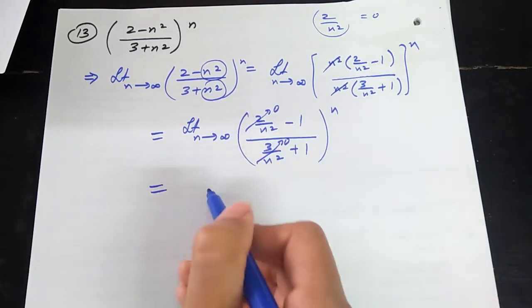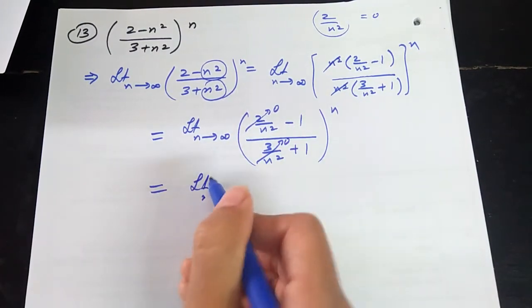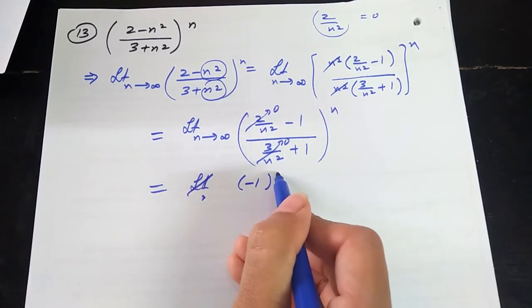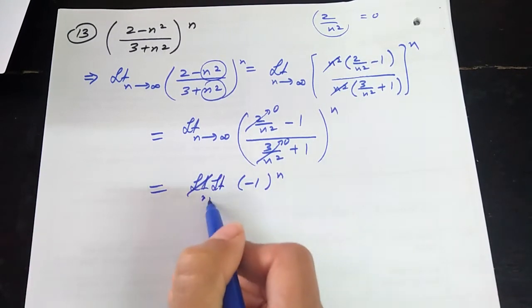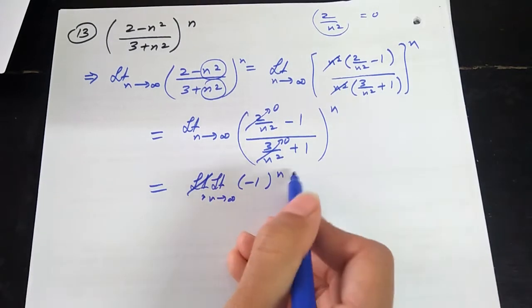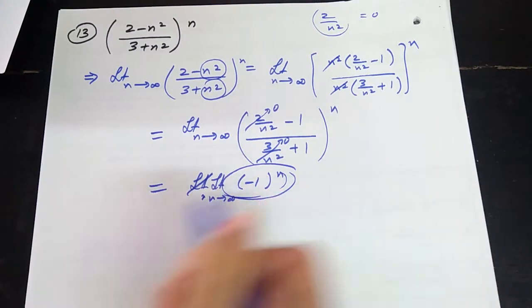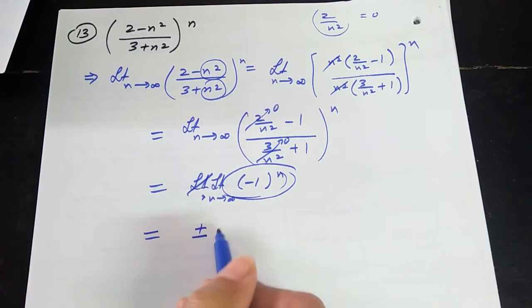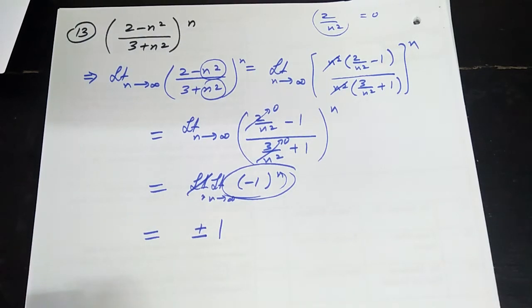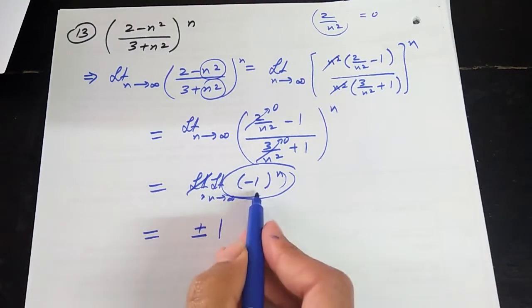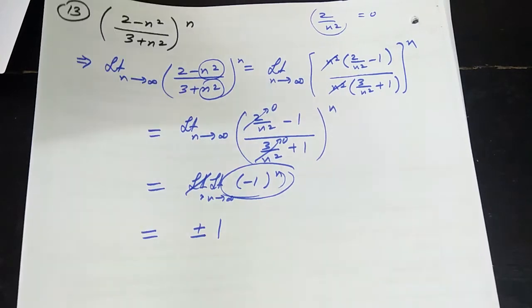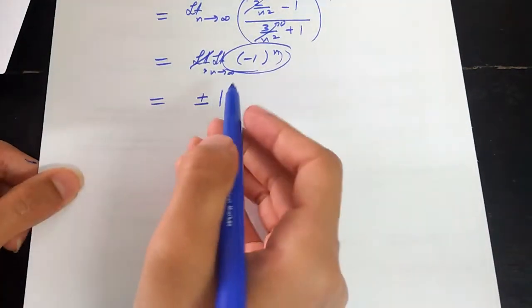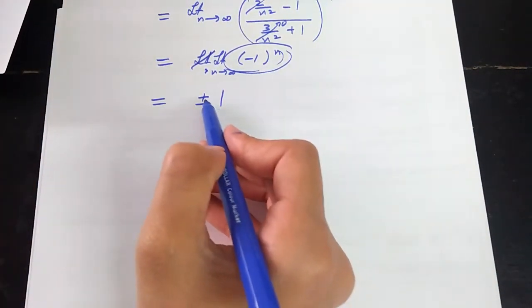So I will get minus 1 raised to power n, limit n approaches to infinity here. And you know that this term will always give you plus minus 1 in your answer. That is the direct limit formula.